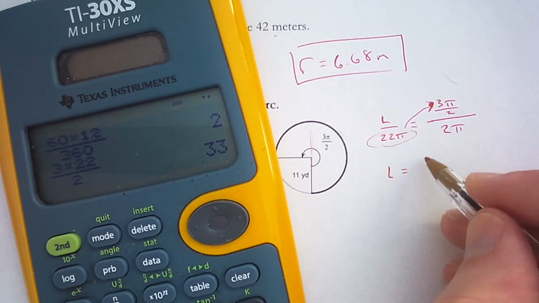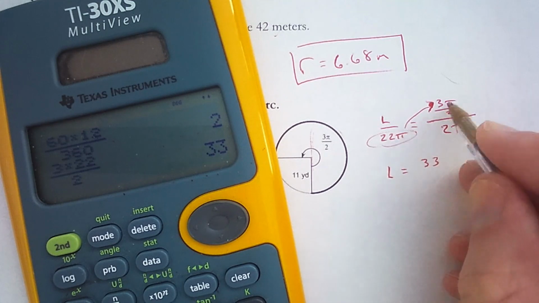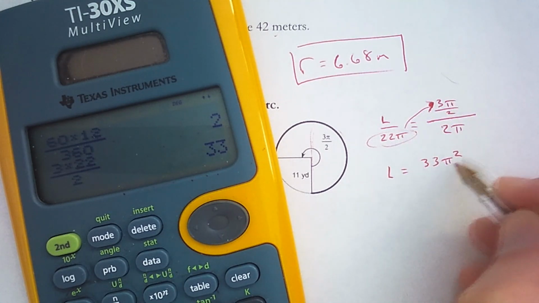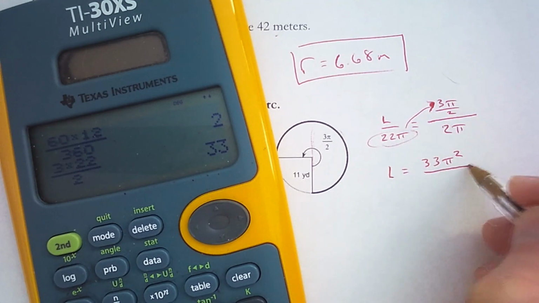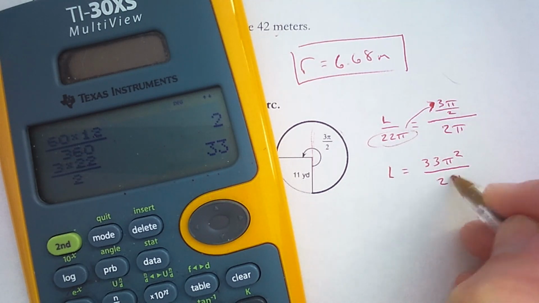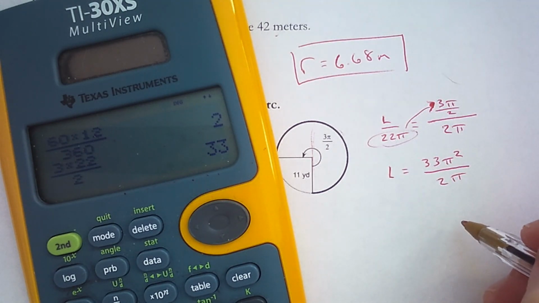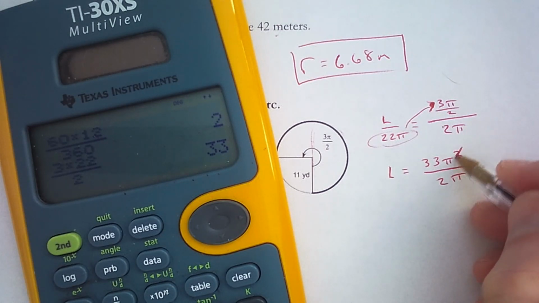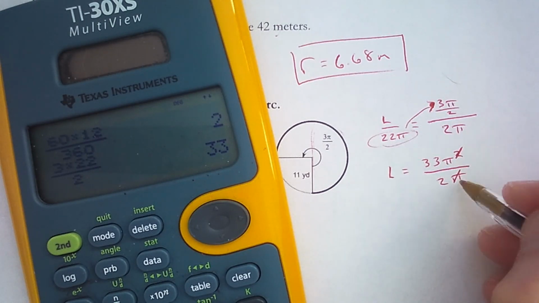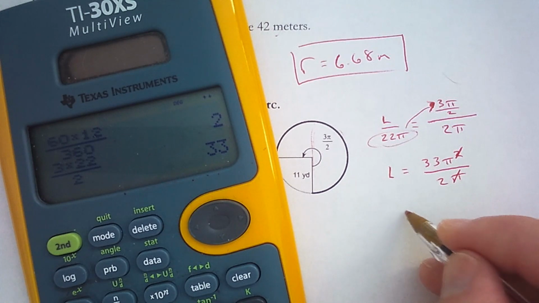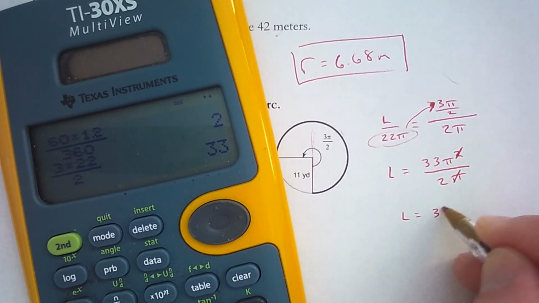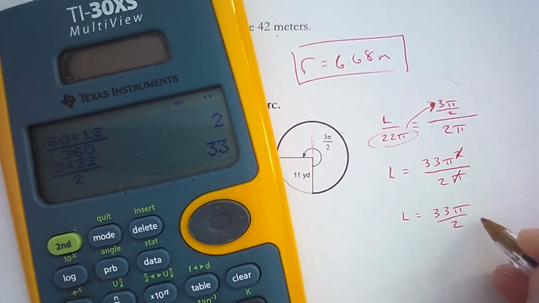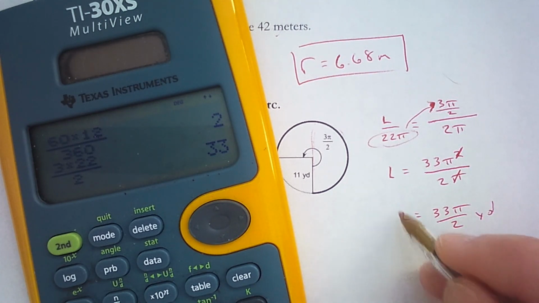So the length is 33, and then pi times pi is pi squared, all over 2 pi. Okay, now 33 over 2 is not going to simplify, but I can simplify a pi. I can cancel a pi out of numerator and denominator, so I get the length is 33 pi over 2 yards.